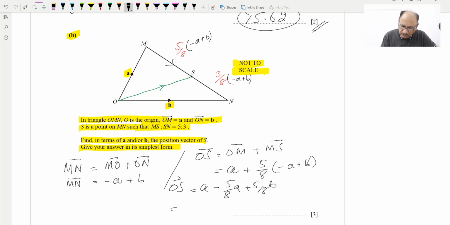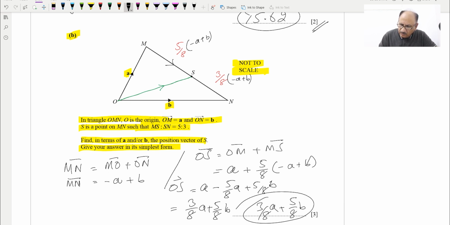So we can write 3 by 8 A plus 5 by 8 B. This will be our answer. I will write this properly. So our answer will be 3 by 8 of A plus 5 by 8 of B.